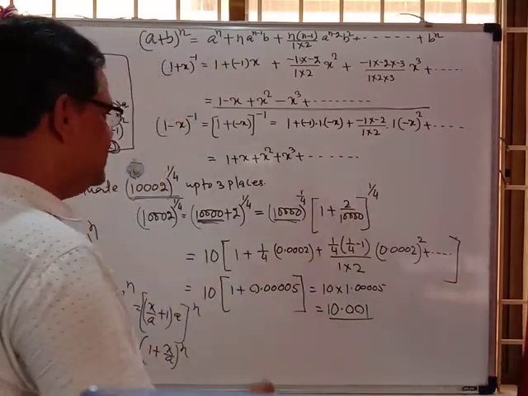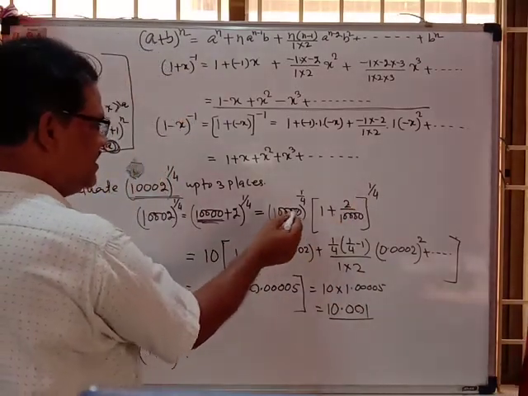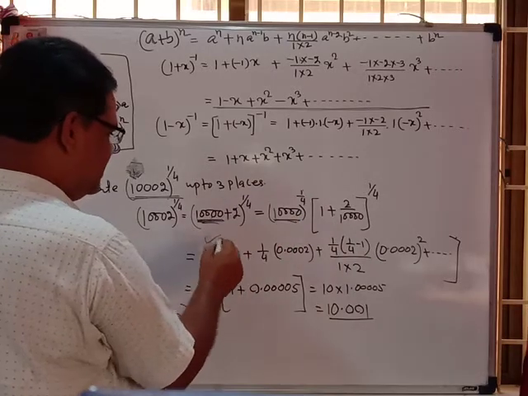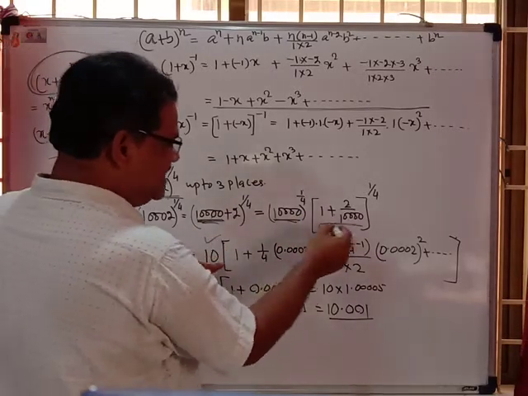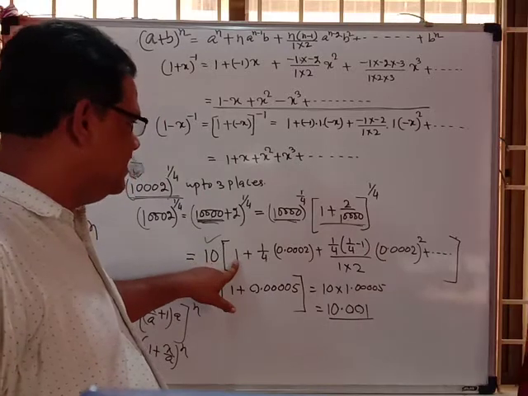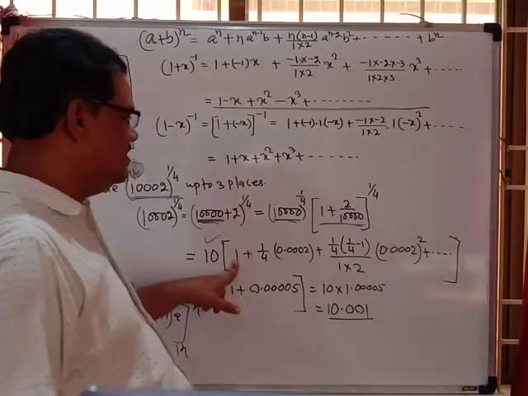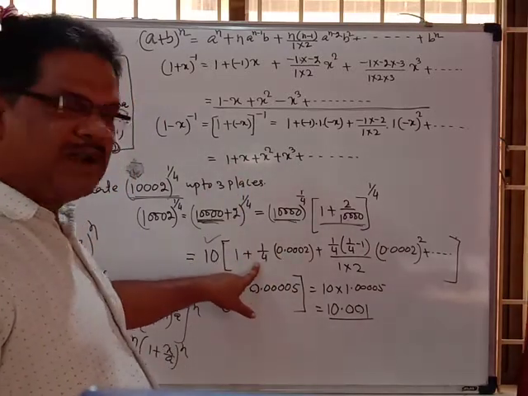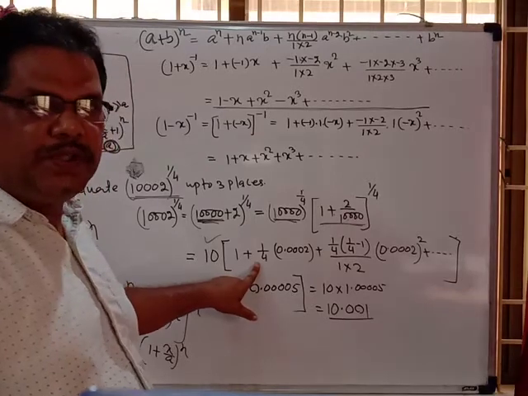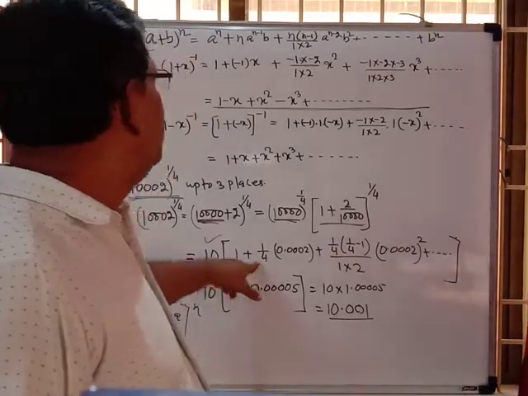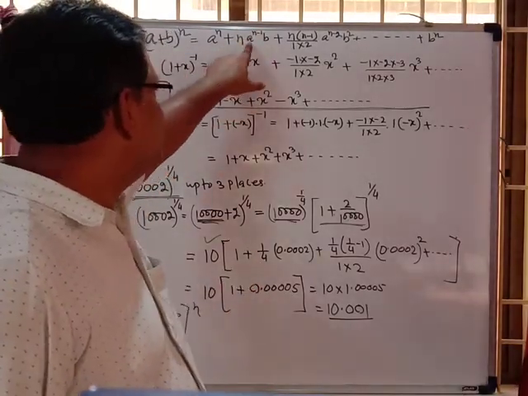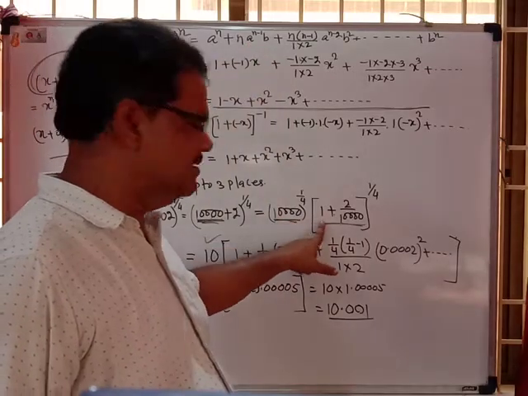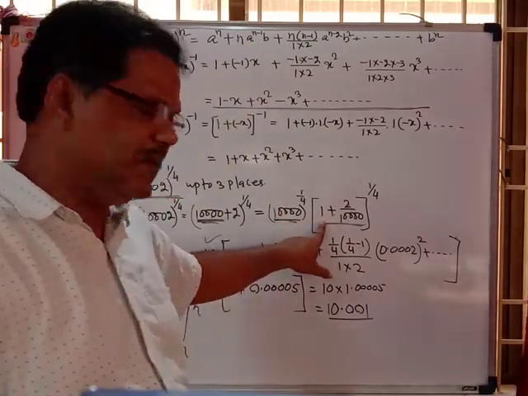So in this case what happens? 10,000 to the power 1 by 4 is equal to 10, and for the inside part, look here: (1 + b)^n is 1 + nb + n(n-1)/(1·2) b² and so on. In place of a it is only 1, and whatever the power of 1 is, it is 1.